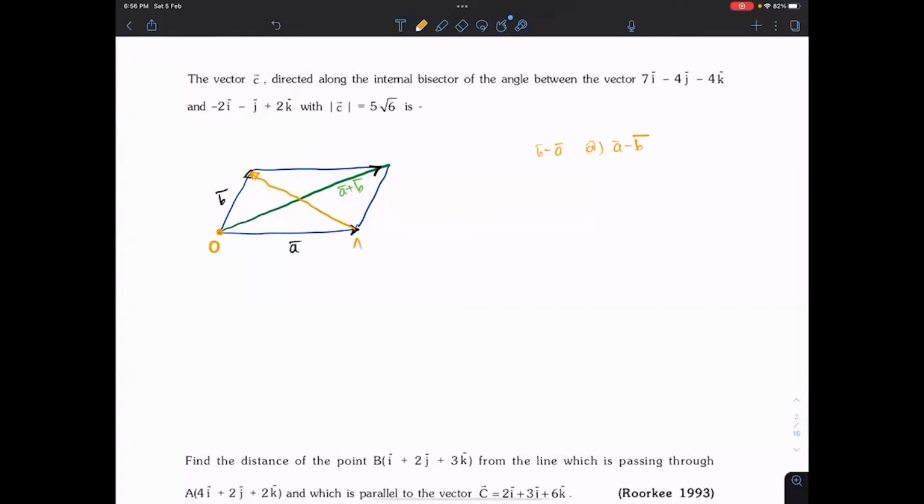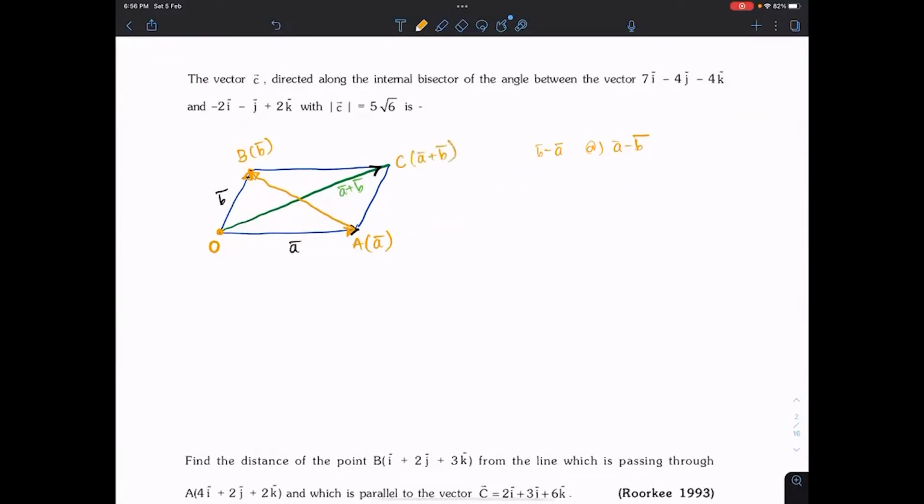Since A bar is the position vector of point A, we write in bracket like this, A bar. And what is the position vector of point B? From origin, if you join B, which vector is it representing? B bar. So in bracket, we will write B bar. So this is C. From origin, which vector is pointing towards C? A bar plus B bar.